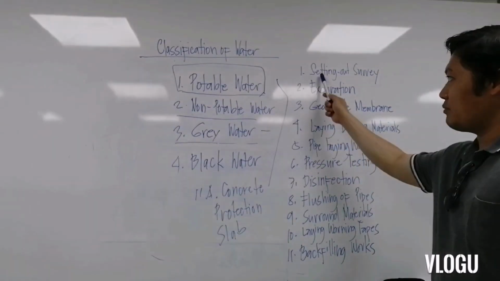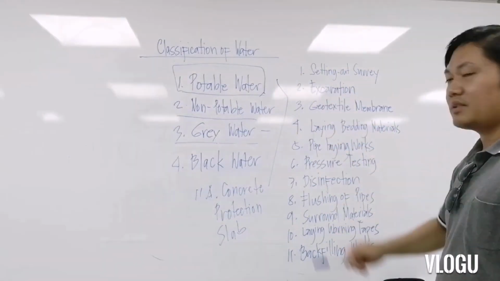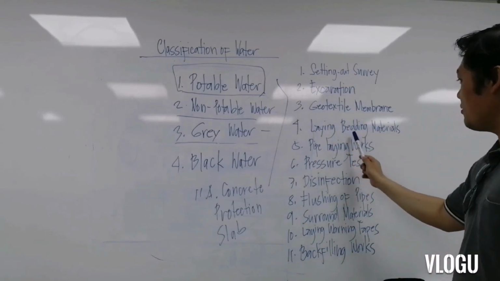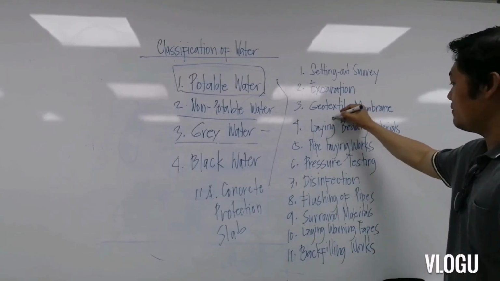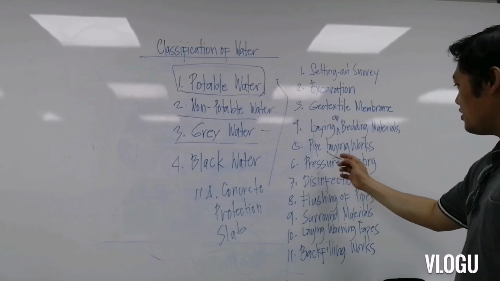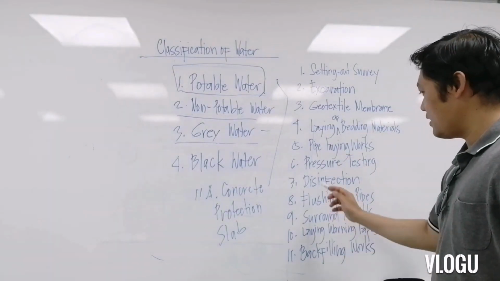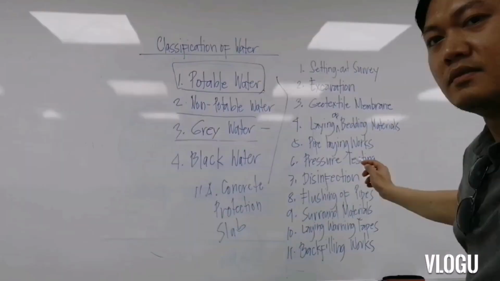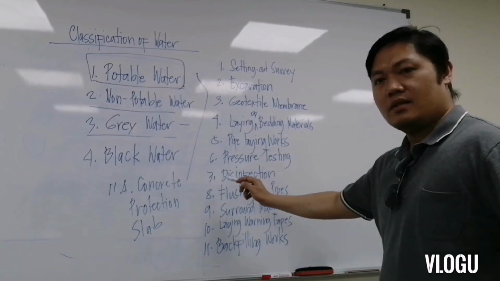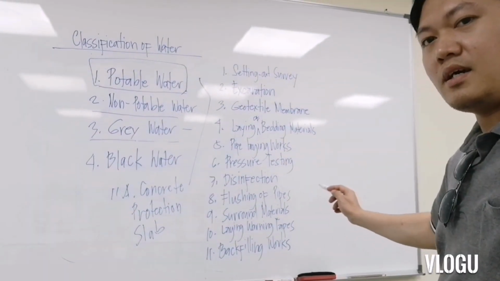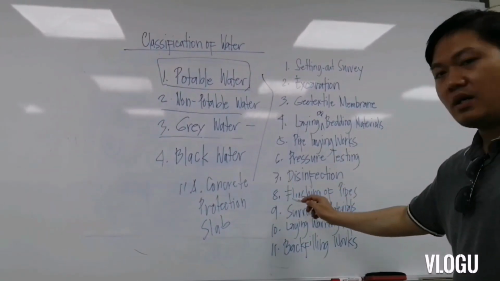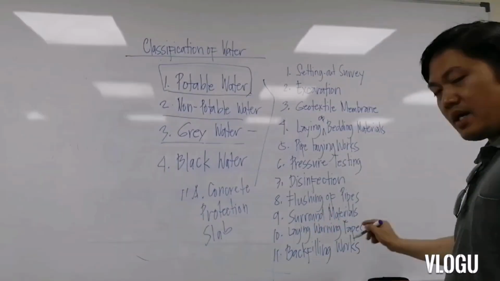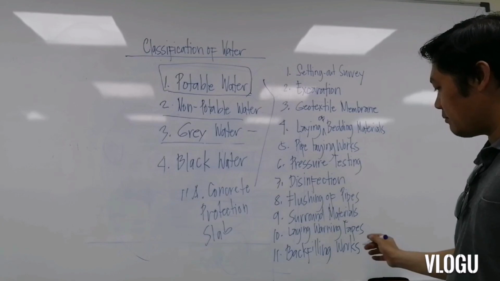Let's recap: item number 1, setting out, excavation, geotextile membrane, laying of bedding materials, and then the pipe laying works, the pressure testing, the disinfection process, the flushing of pipes, and the laying of surround aggregate materials.